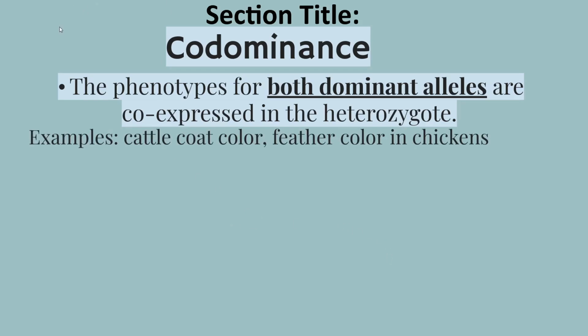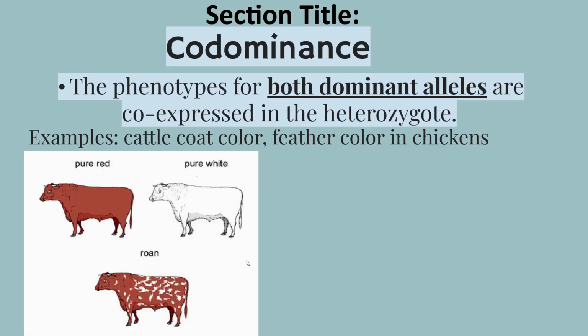Some examples of this are cattle coat color as well as feather colors in chicken. With cattle, you can have a pure red or a pure white coat.